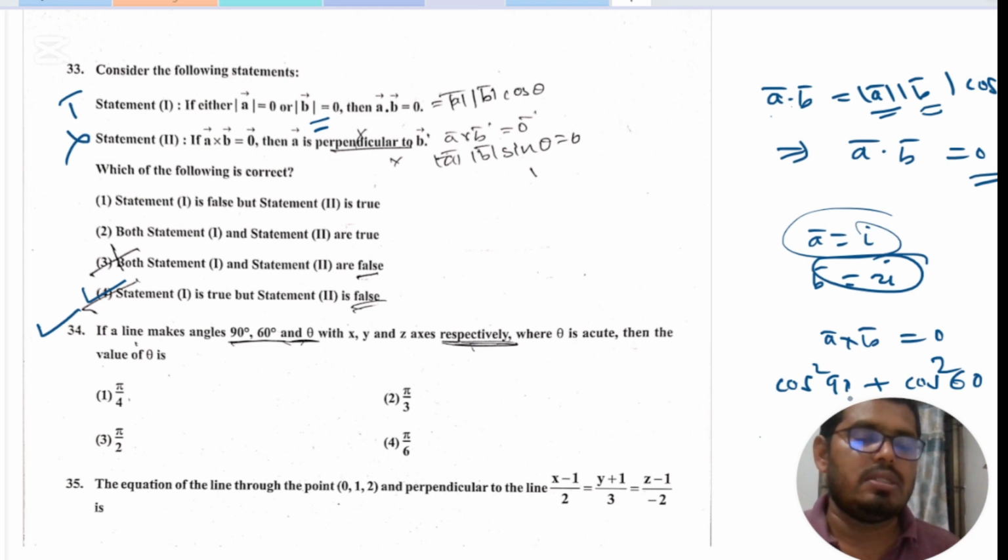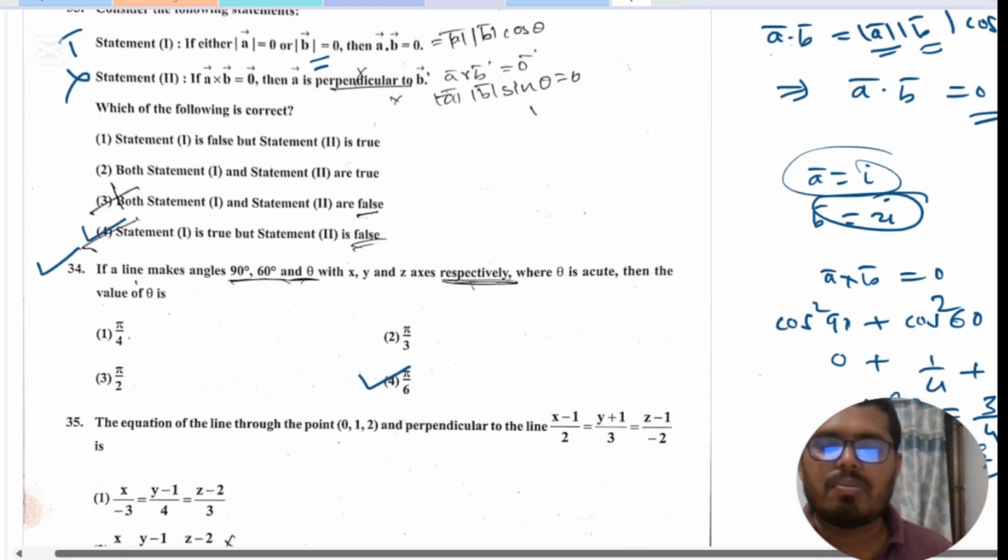Then cos 90 is 0, and cos 60 is 1 by 2, square is 1 by 4, plus cos square theta is equal to 1. Therefore, cos square theta is 1 minus 1 by 4, which is 3 by 4. Cos theta is root 3 by 2 and theta is pi by 6. Therefore, option number 4 is correct.